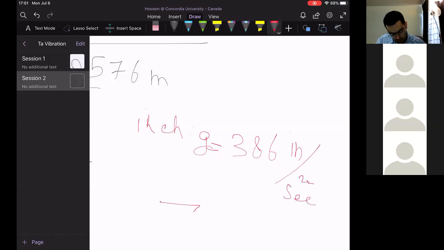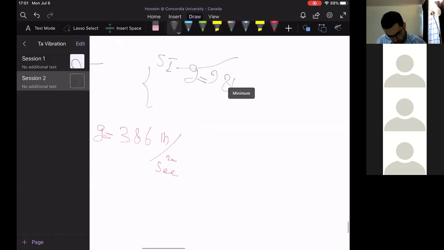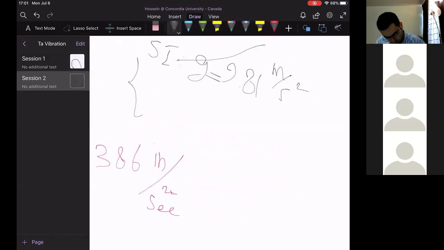If we were dealing with SI, g was 9.8 meter per second squared, and for a foot, g was 32.2 foot per second squared.